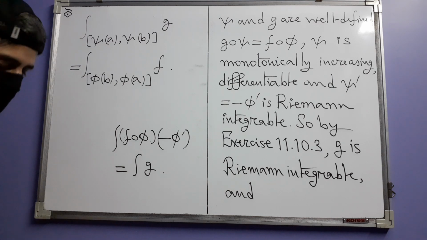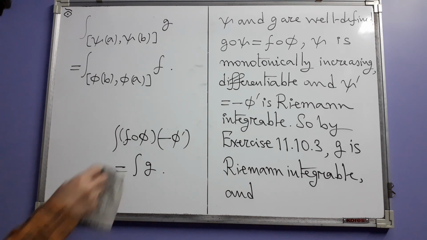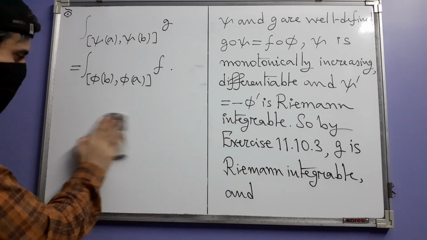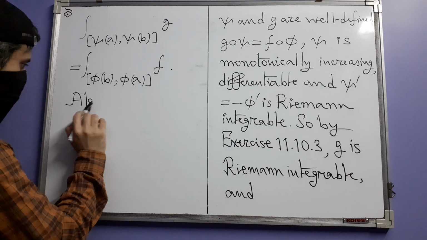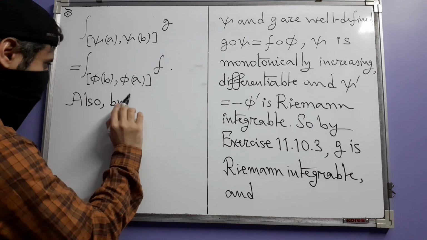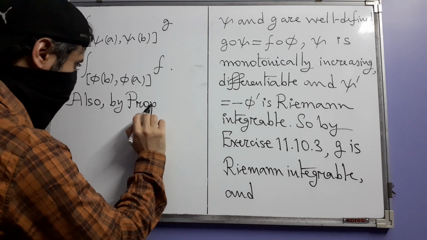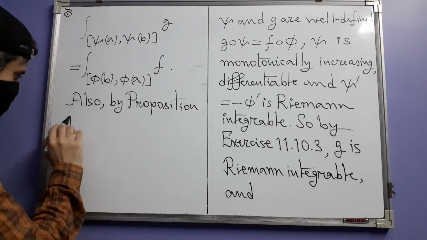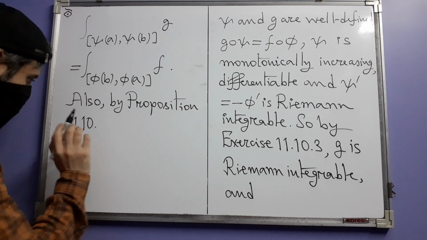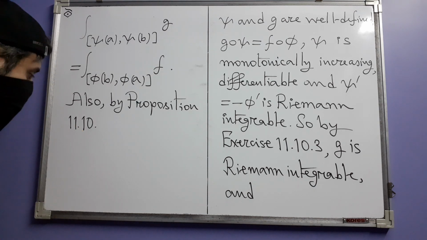So let me write the things. Also, by proposition 11.10, what was the number? 7.